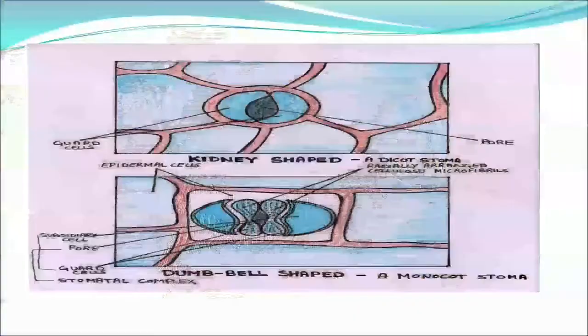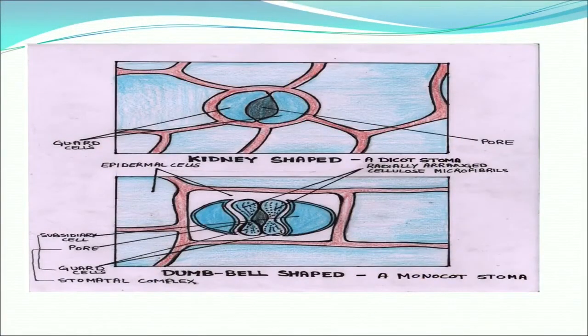Here is an illustration of how stomata look in a dicotyledonous leaf and in a monocotyledonous leaf. In dicots, the guard cells are kidney shaped and regulate stomatal opening, and in monocotyledonous leaves the guard cells are dumbbell shaped.